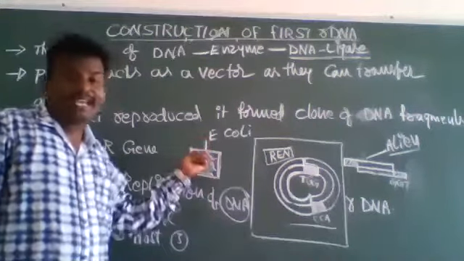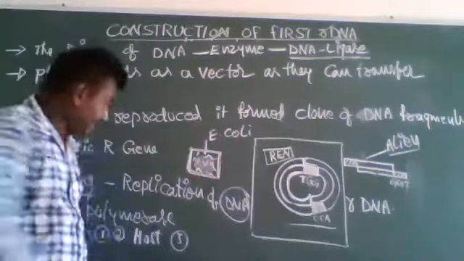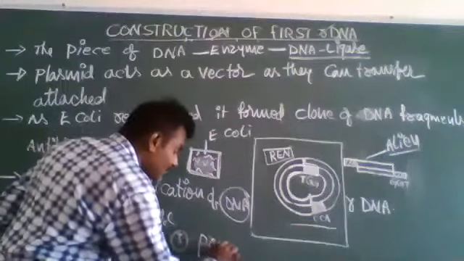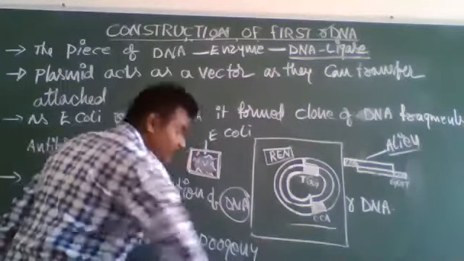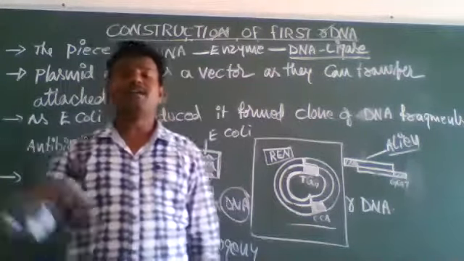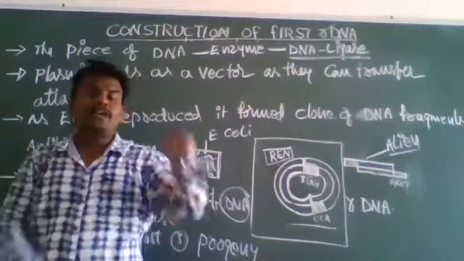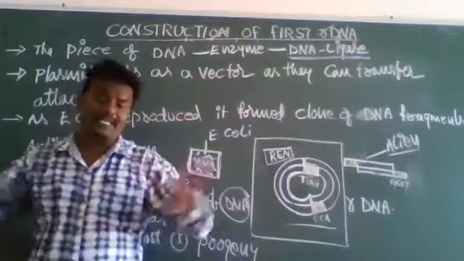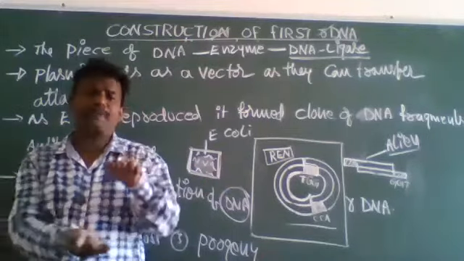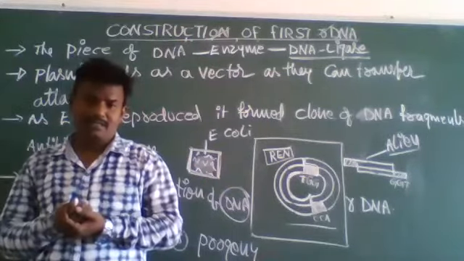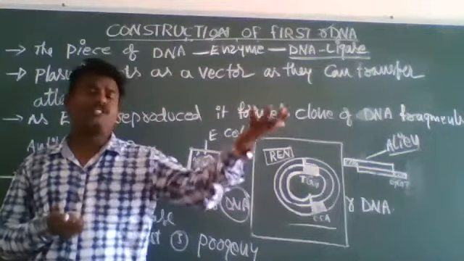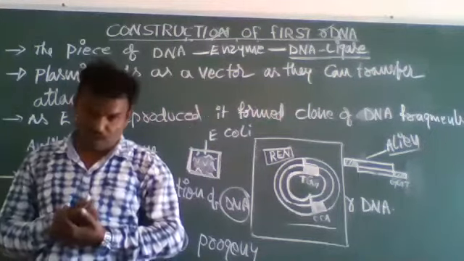Those DNA copies we collect and introduce into the progeny organisms. Progeny means offspring, small plants or animals, and those are called genetically modified organisms.